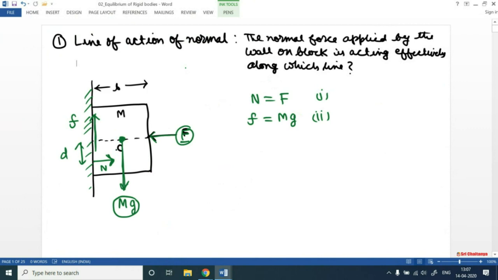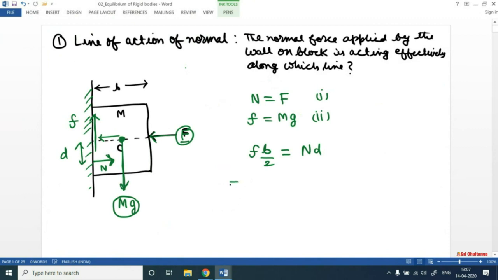So in that case, the torque due to friction, which would be force into arm, so this is f, and the arm would be this quantity over here, that is going to be b by 2, and that must be equal to the anti-clockwise torque due to normal, so that would be N into d over here.